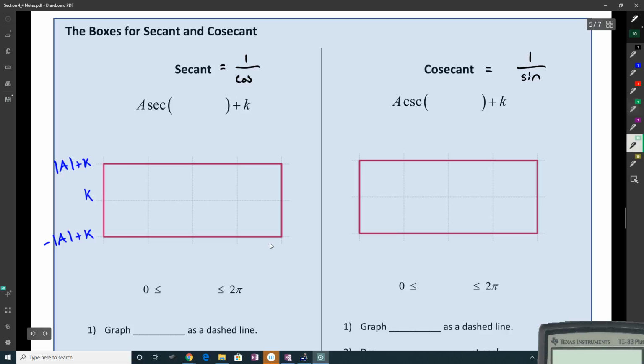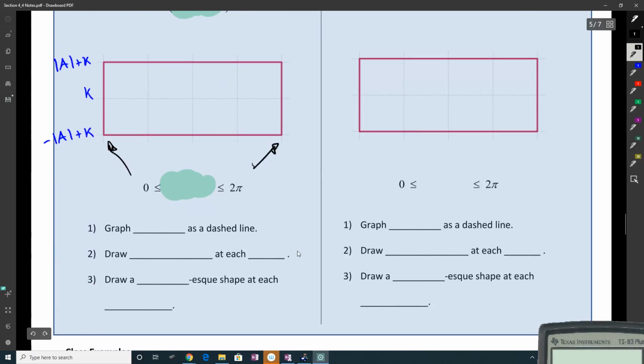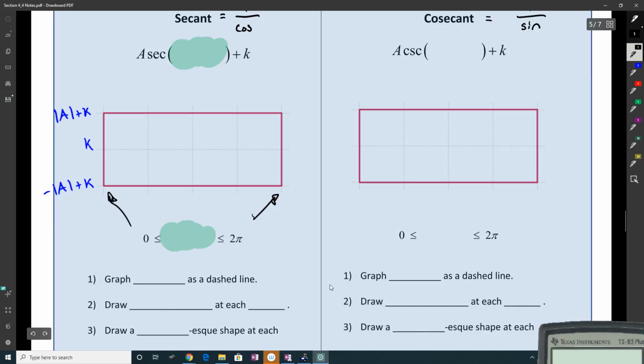You solve the inside, just like before, and you also find the quarter to figure out what the tick marks are.